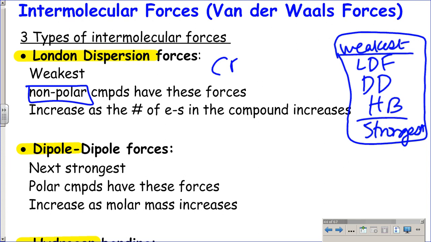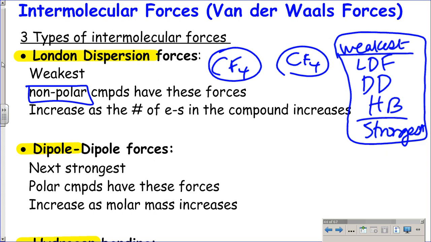Carbon tetrafluoride was one we did last week. What's the shape of that? Tetrahedral. It's nonpolar because the fluorines all cancel each other's dipoles out. So CF4 and another CF4 would interact via London dispersion forces.